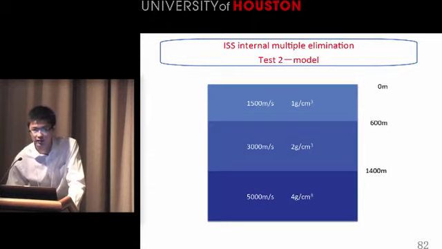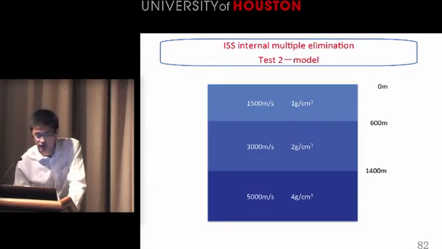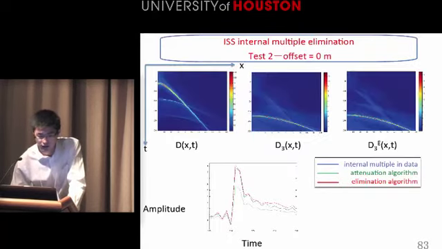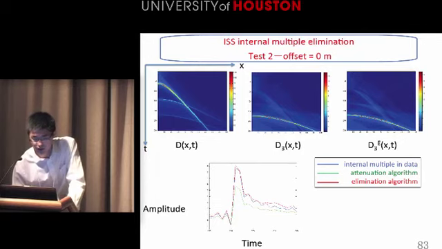It's a two reflector model, and the sources and receivers are located at zero depth. This picture shows the input data in the space-time domain. Here's the first primary, the second primary, and the internal multiple. The middle picture shows the prediction of the internal multiple attenuation algorithm, and the red picture shows the internal multiple elimination algorithm.